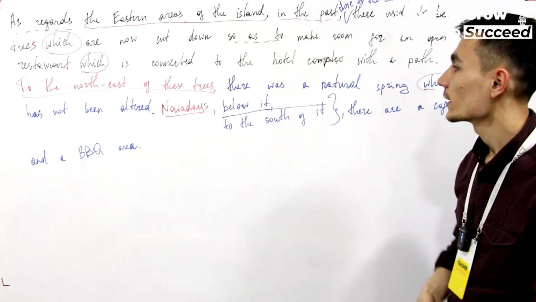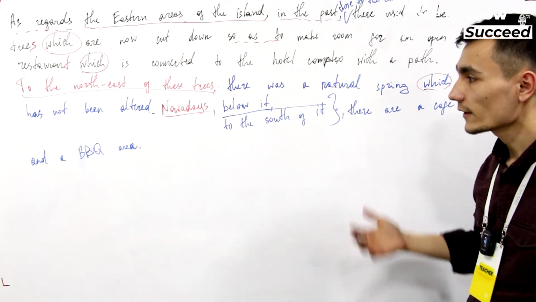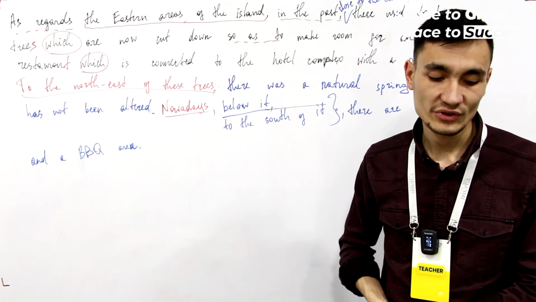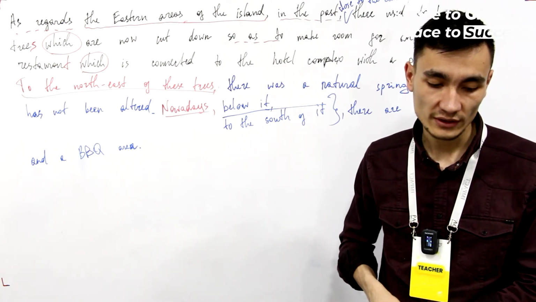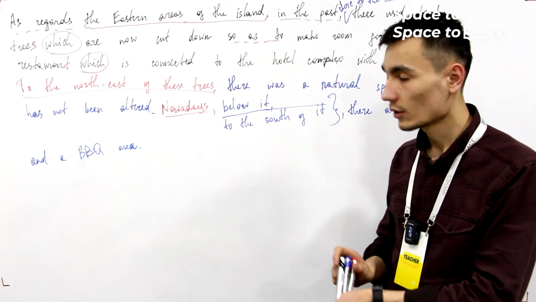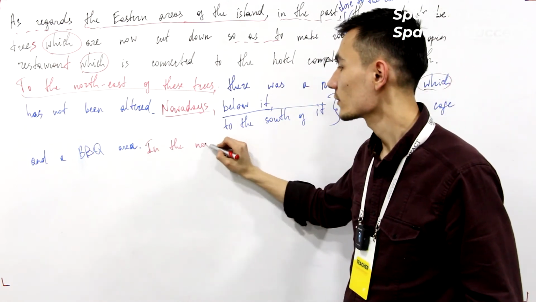As you see, I wrote nowadays below it, or to the south of it, there are a cafe and a barbecue area. So now one of the last details and changes that we have to give is rocks and a scenic lookout near it. So I'll just say in the north.